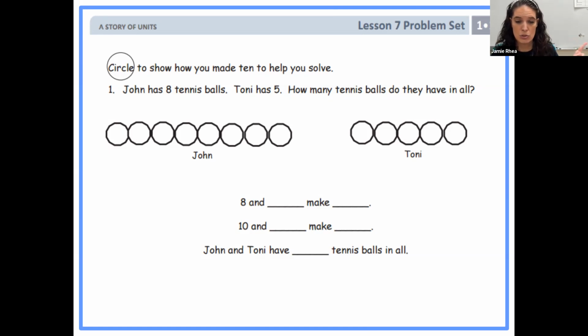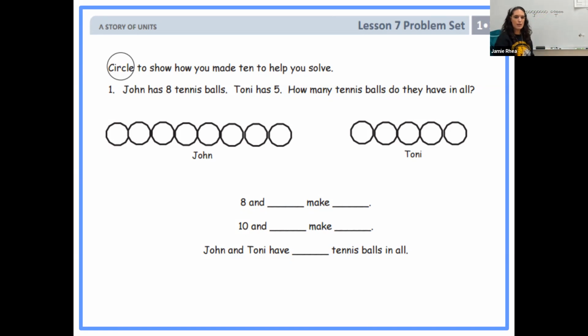Okay, now you have a picture on this one. I'm going to draw it on my board so you can see what we have to do. I need 8 for John. 1, 2, 3, 4, 5, 6, 7, 8. And I'm going to put J underneath John. And then I need 5 for Tony. 1, 2, 3, 4, 5. T for Tony.